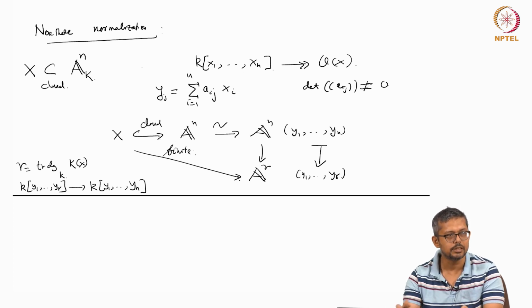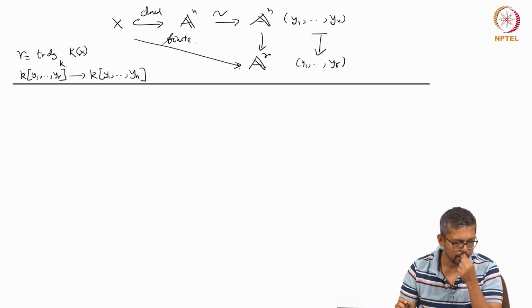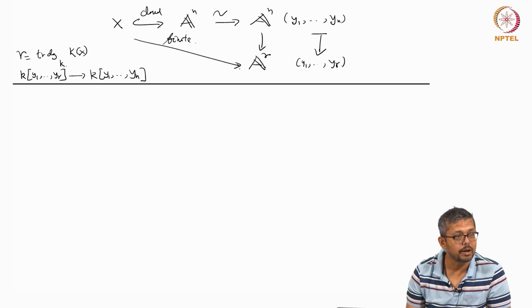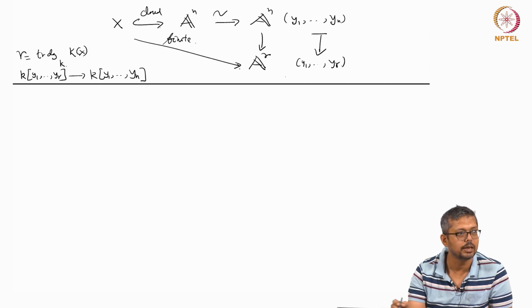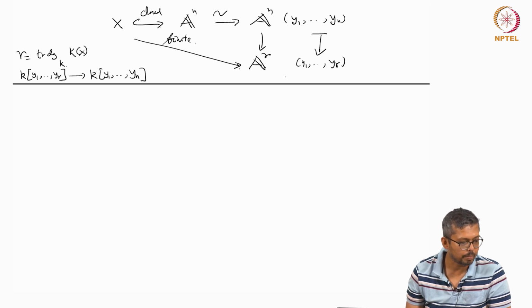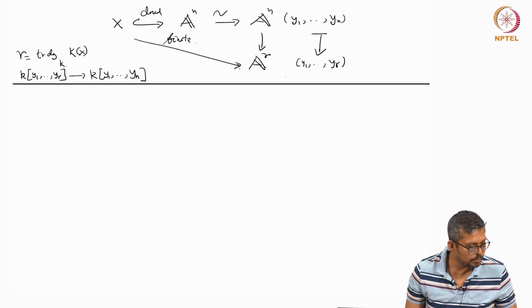So this is an example of another finite map. It is a finite module, because O_X over k[y1, y2, ..., yr] is integral. So I am saying it's a finite module. Okay, so these are some examples.